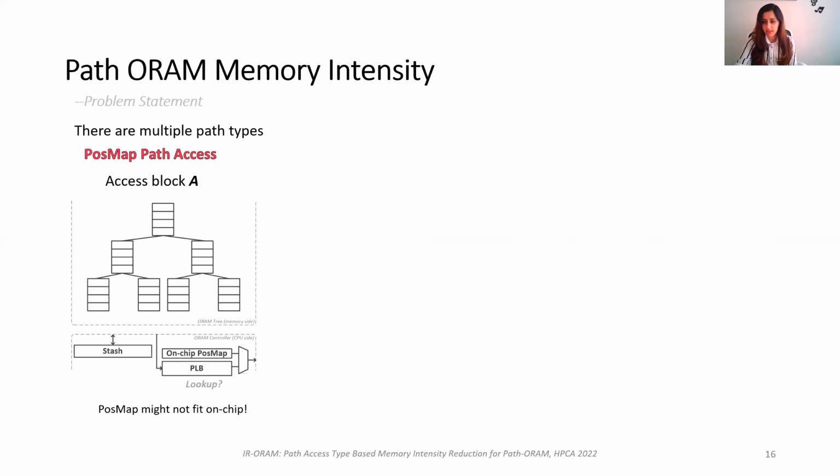So in case there is a PLB miss, a posmap path access is required to retrieve the path ID of block A. It may take more than one path access to retrieve the posmap block for block A. Once the path ID of block A is known, we can access a path to get block A itself, and that is called a data path access.